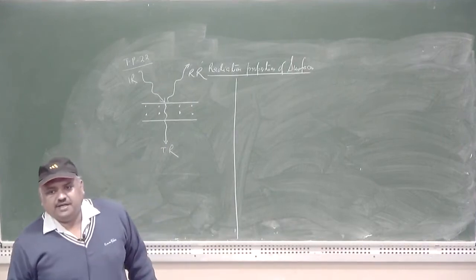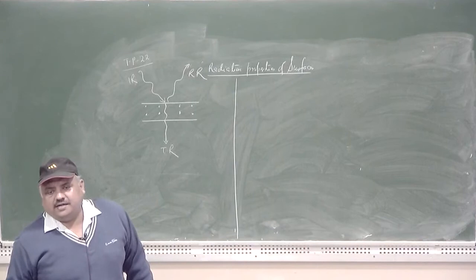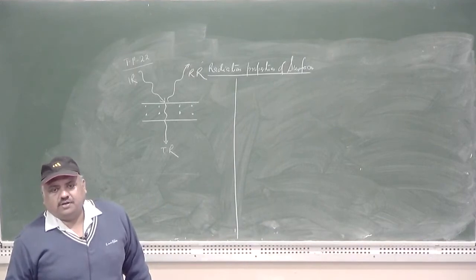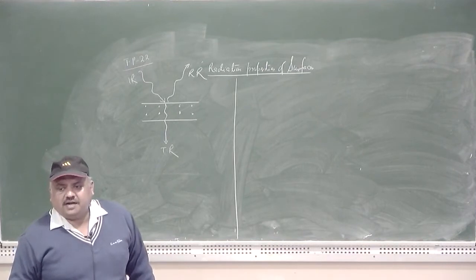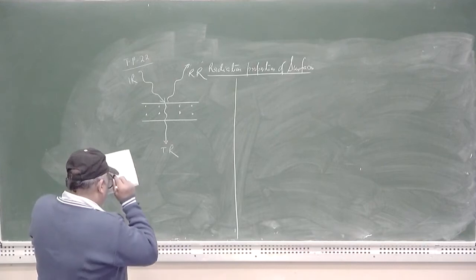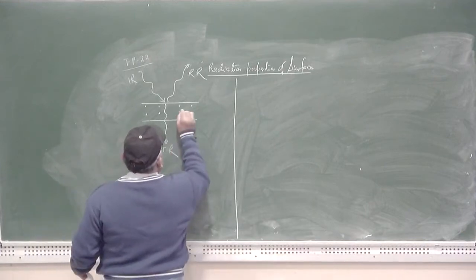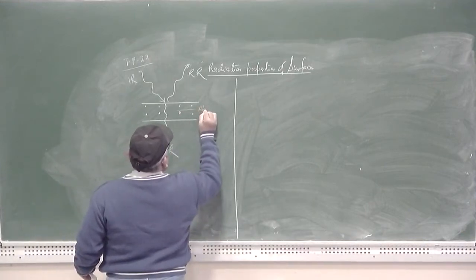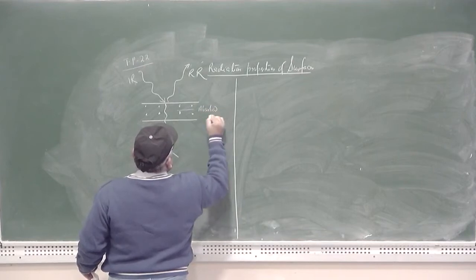So, accordingly, the IR, RR and TR stand for the incident radiation, the reflected radiation and the transmitted radiation. In this, there is some absorbed radiation also.